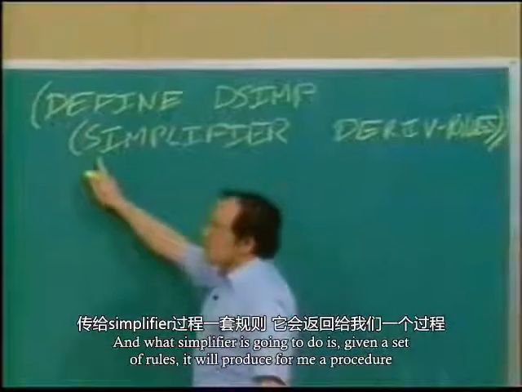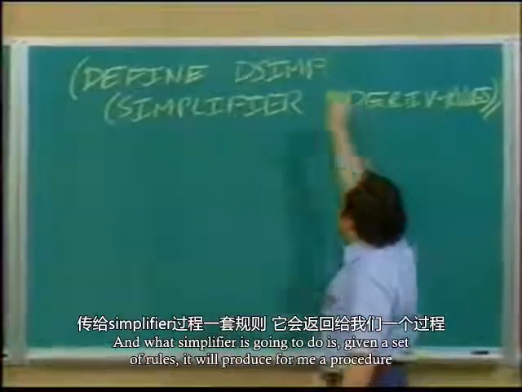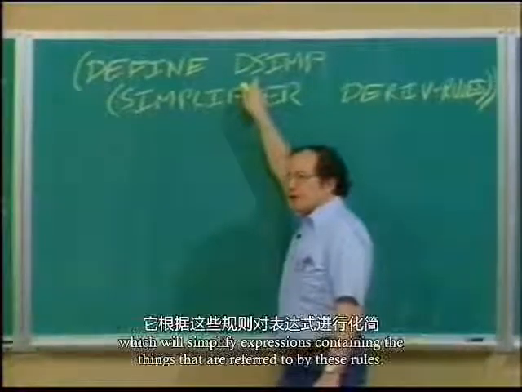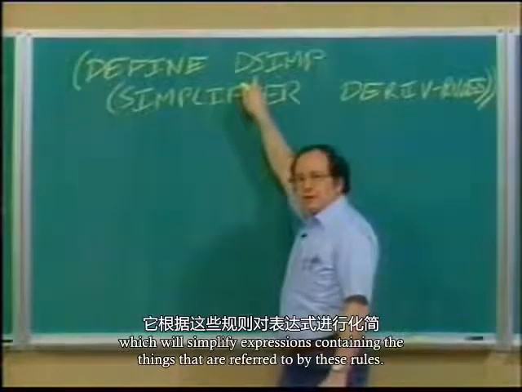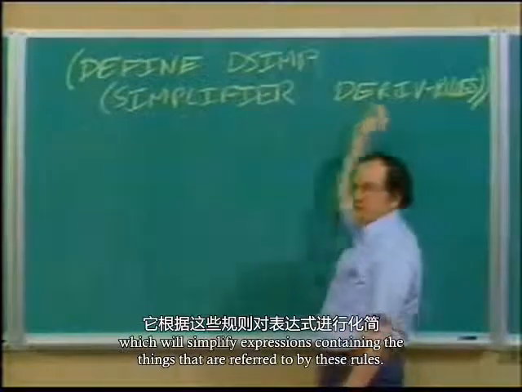And what the simplifier is going to do is, given a set of rules, it will produce for me a procedure which will simplify expressions containing the things that are referred to by these rules.